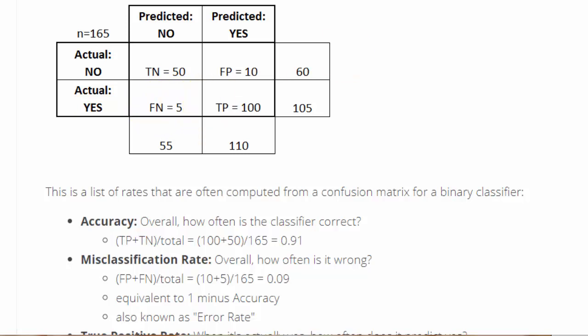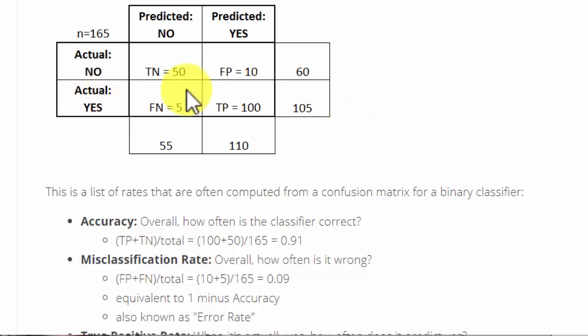So when it comes to terrorists, you want to prioritize recall over something like precision, right? So you want to prioritize having the ratio of 100 over this 105 number to be as high as possible, because you want this false negative to be as low as possible. And that's recall, right?